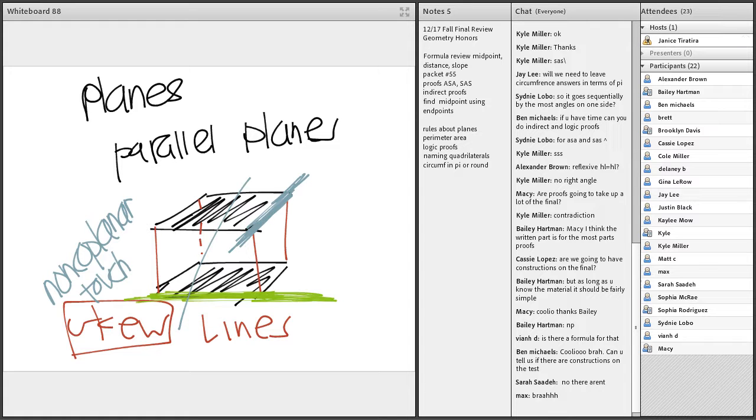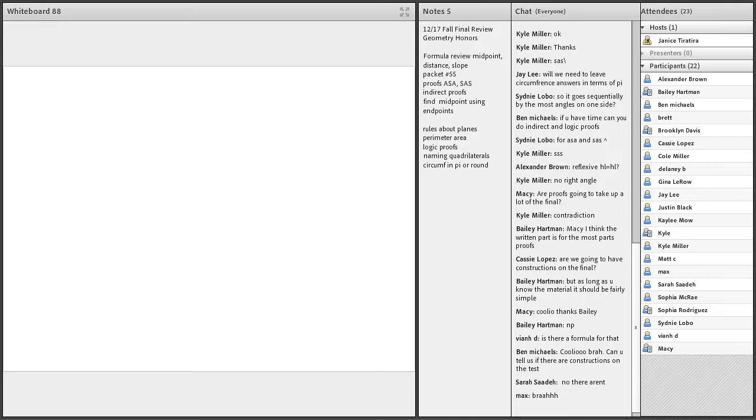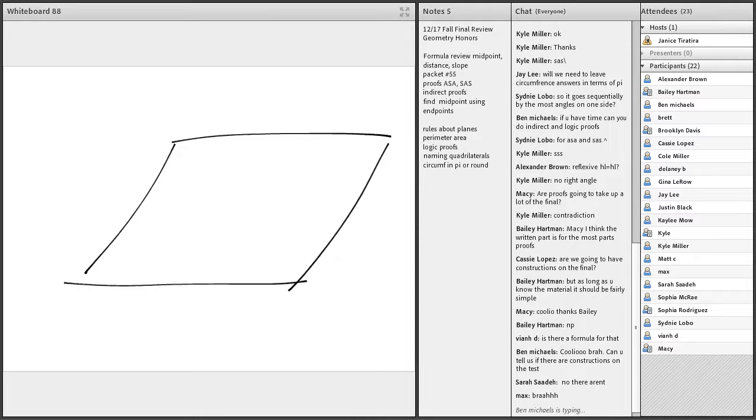So that's one item. Let me see what else is there about planes. Oh, you have your good old plane. Let me look at what is the intersection. So, collinear points, that's number 1 on your packet. Collinear points are on the same line.